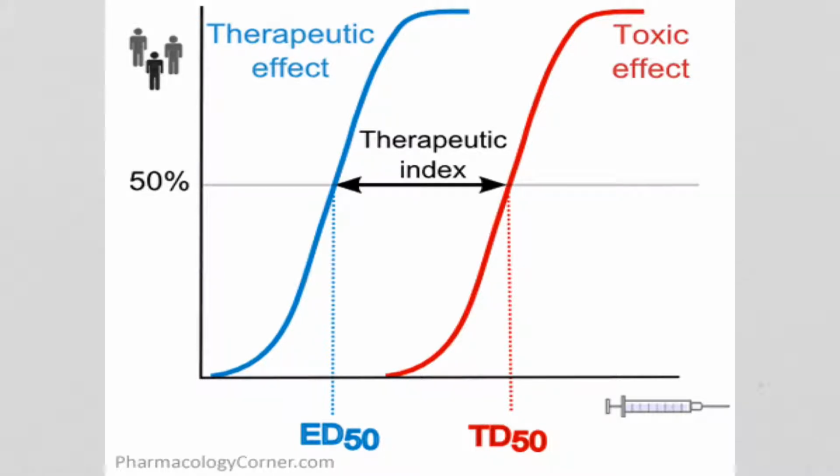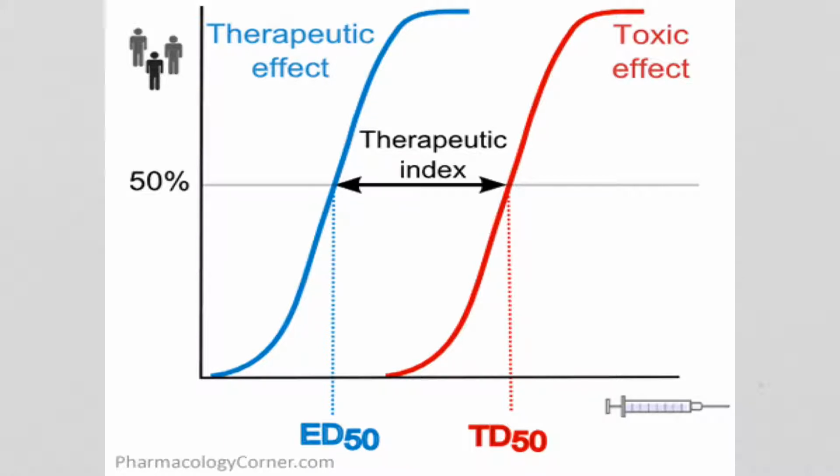This slide illustrates therapeutic effect, which is in the first part of the grid, demonstrated by the blue printing and the blue curve. The toxic effect with the red lettering and red curve, and shows the difference between the two as the therapeutic index, TI.